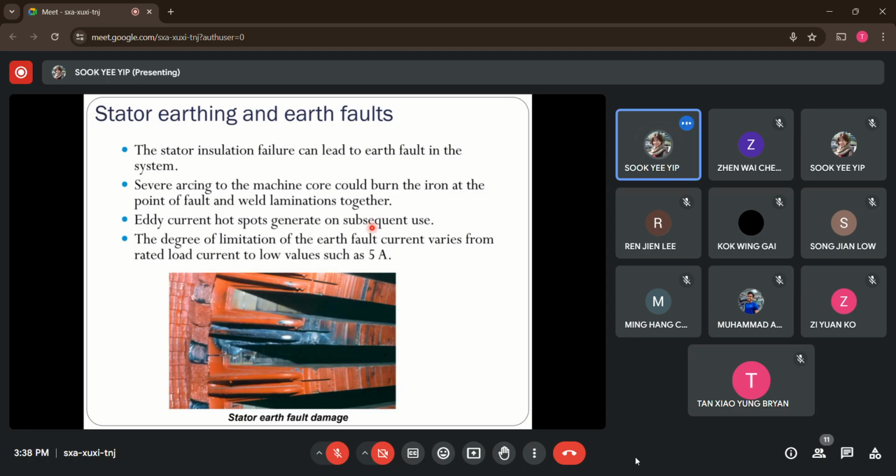So if we have this situation, a short circuit to ground in the stator winding, there is a need to restack these laminations by putting proper insulation back on each piece of iron. This process will incur time as well as money whenever we are doing the rewind or repair of these machines.